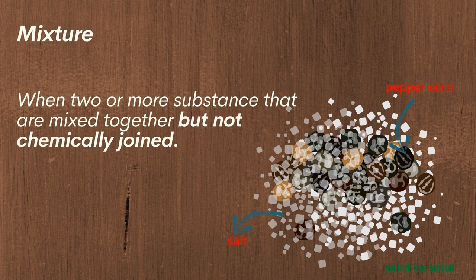Some examples, like here in the presentation, are peppercorn and salt. When you did this in your home, you could see that the peppercorn and the salt stay the same even after mixing. So we call that a mixture.